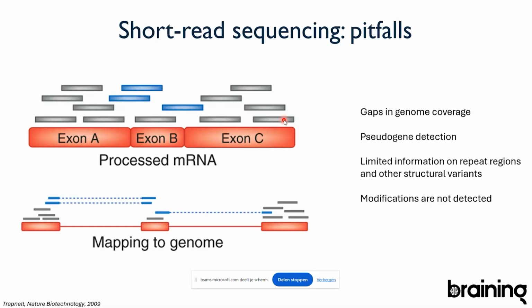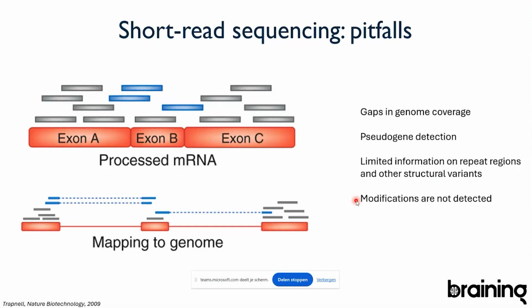The third limitation is related to the same principle. If there is a repeat region in the genome, you can map your sequence of 500 base pairs to maybe 1 or 2 repeats, but you have no clue whether there are 5 repeats, 20 repeats, or 200 repeats, because the sequence in essence is the same. And since you only have 500 base pairs, there is no way to know where it goes exactly on the genome. The last pitfall is epigenetics, which you've all heard about, right?